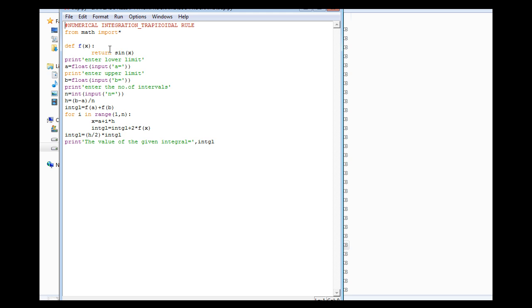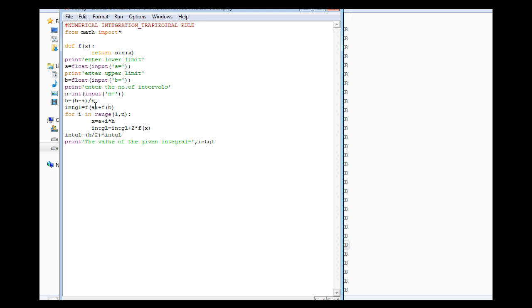Then I input the lower limit of the integration using the input function, store that value, and the upper limit of the integration is also stored using the input function. The number of intervals is also entered using the input function. We divide the x interval into n parts, and the width of each is calculated as (b - a)/n. Then I find the first and the last value of the function, because those correspond to y0 and yn.